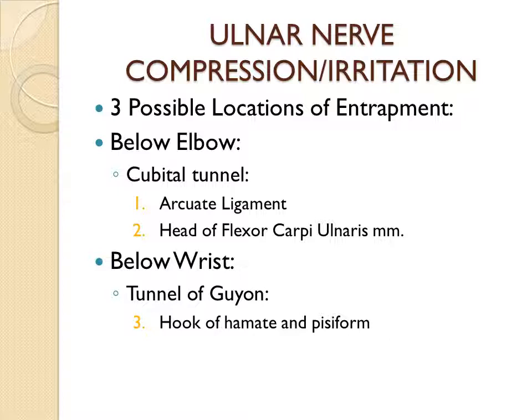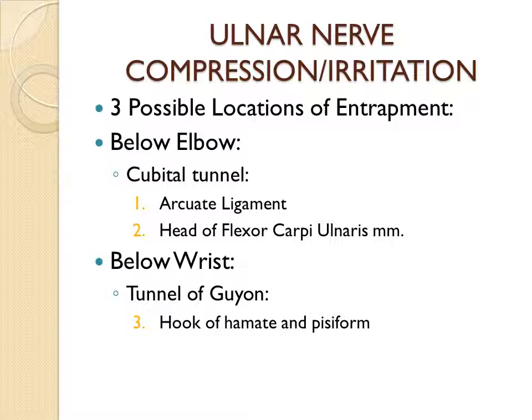Well, there are 3 possible locations where the ulnar nerve is commonly entrapped. 2 of those are at the elbow at the cubital tunnel, and 1 is below the wrist at the Tunnel of Guyon.